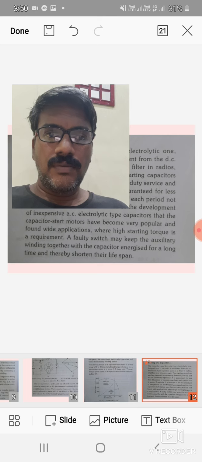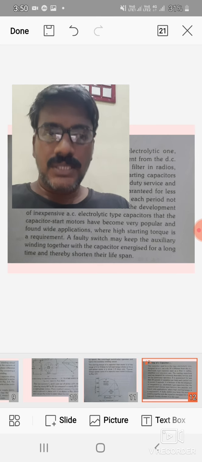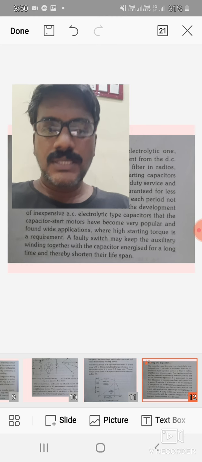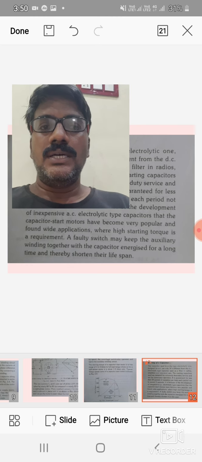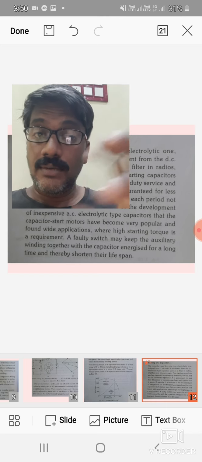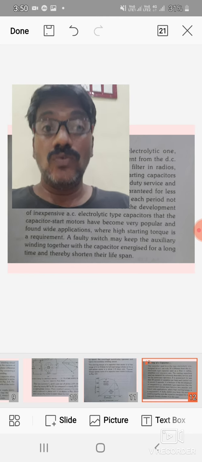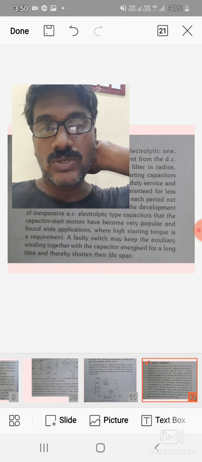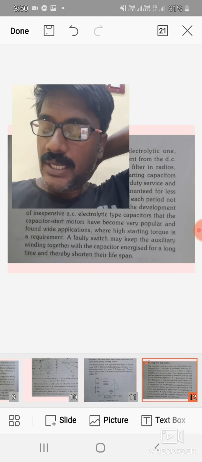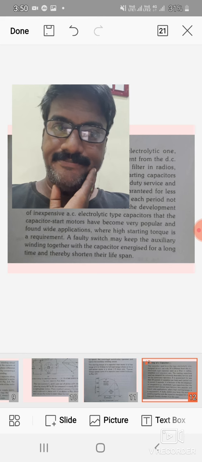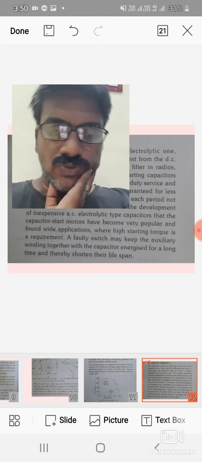That's why we designed the capacitor start motor. In the capacitor start motor, by connecting a capacitor in series with the starting winding, starting current tremendously increases. It is 3 to 4 times the full load torque. So where we require a high starting torque, in that application we will use the capacitor start motor. But in the running condition, what happens?